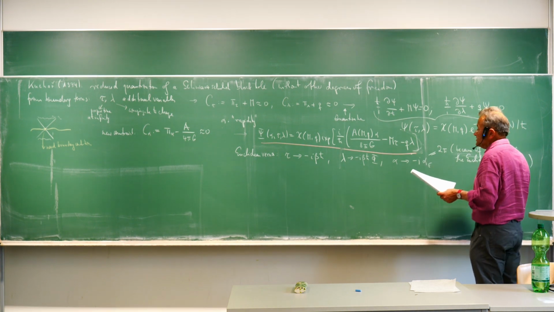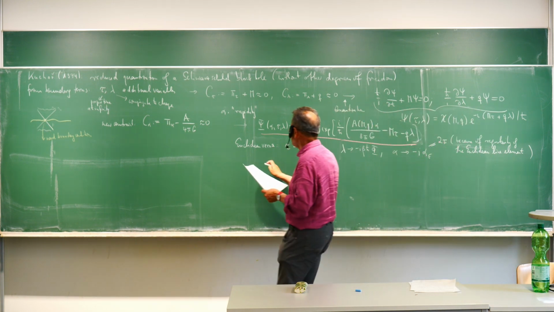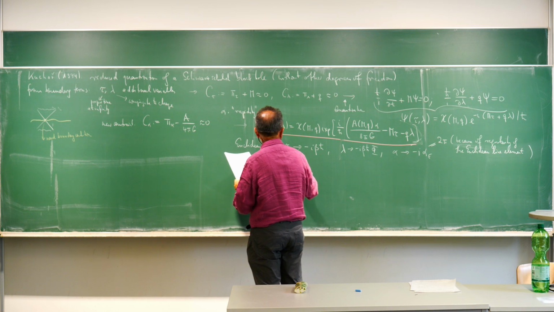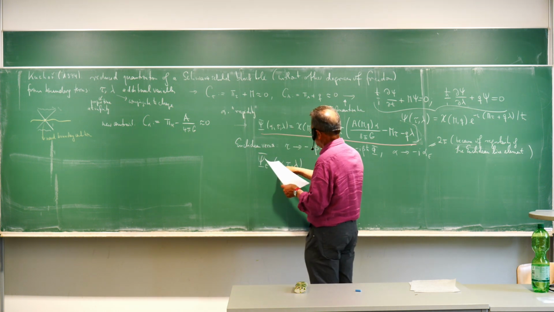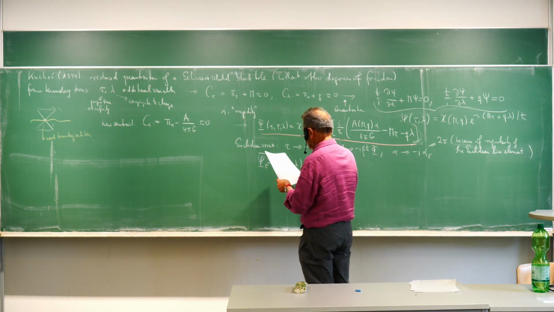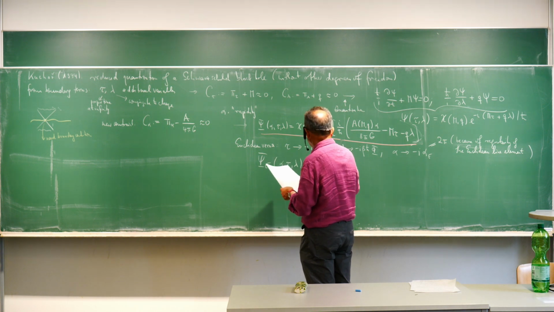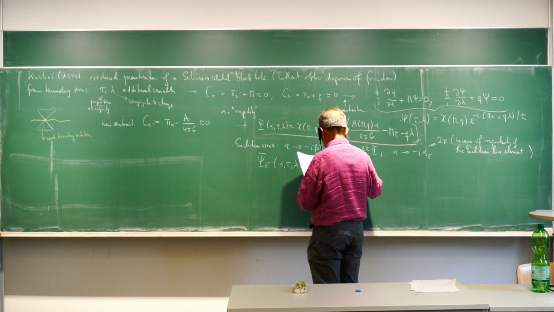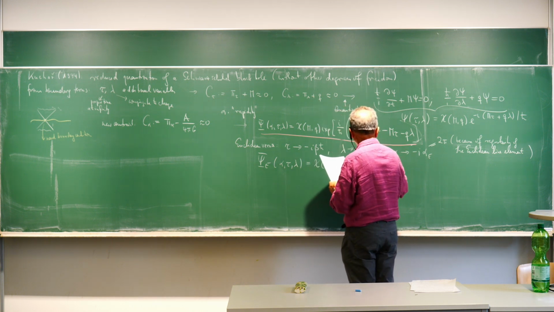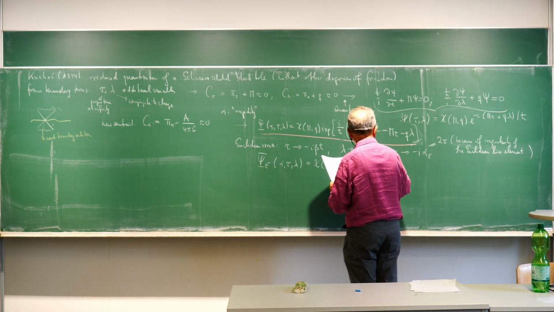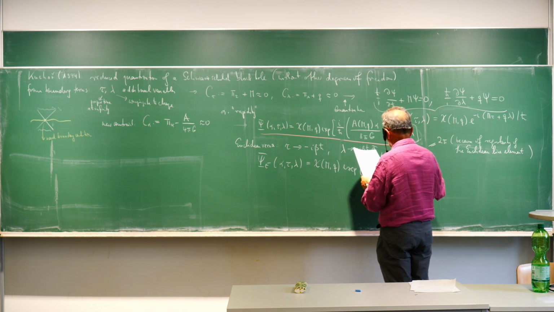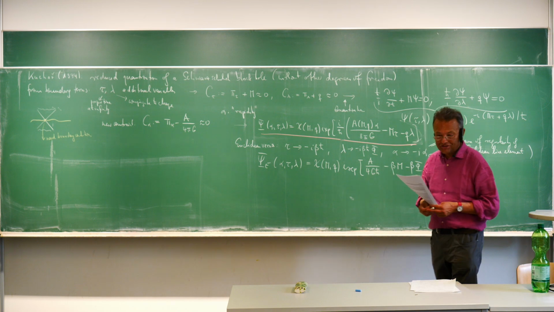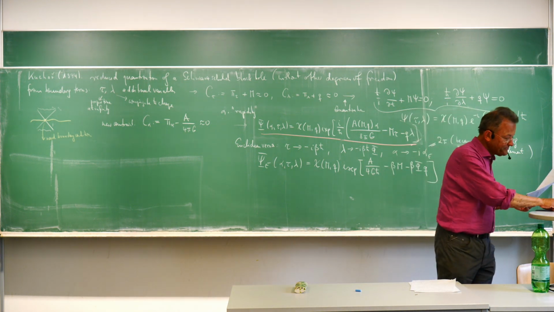And if you do that, then you can write down a Euclidean wave function of alpha, tau, lambda, which is chi of M and Q, and you have the exponent of A over 4GH minus beta M minus beta phi Q. Okay, so that's what you get here.